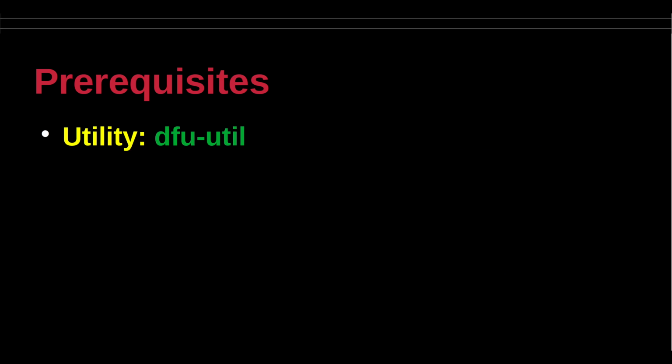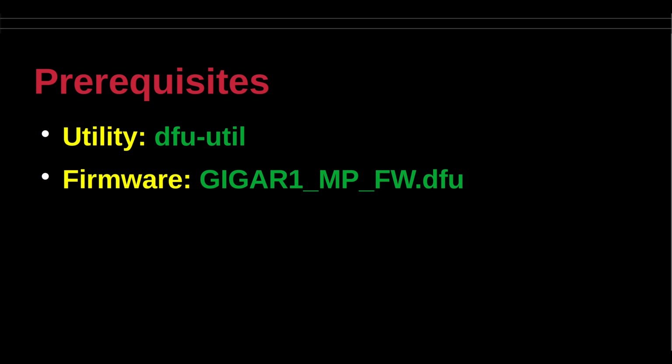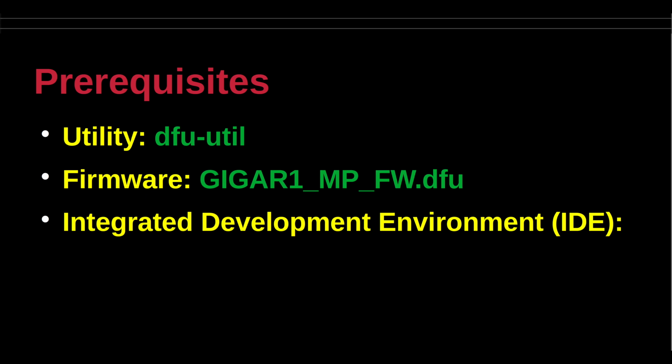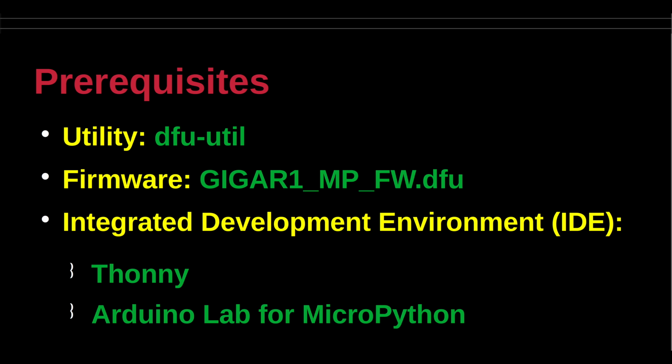The firmware on the GIGA board must be flashed prior to running MicroPython. There are a few tasks that must be completed prior to running the first MicroPython script on the GIGA board. These steps are a utility program, the firmware that has to be flashed, and an integrated development environment or IDE.